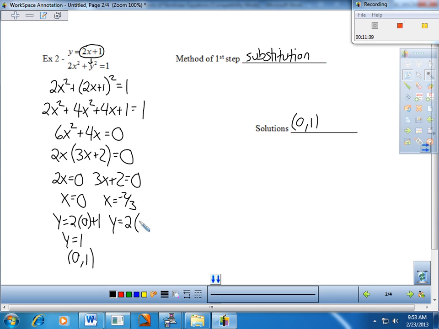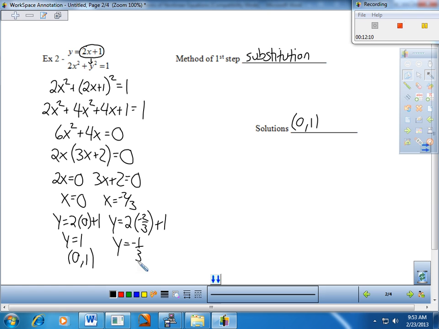So I'm going to go ahead and do 2 times the negative 2/3, and then plus the 1. Again, not the best answer around, but it should work out all right for us. In this case, let's see if you can do a little mental math with me. 2 times negative 2/3 would actually be negative 4/3. 2 times negative 2, so negative 4/3, and negative 4/3 plus 1, or negative 4/3 plus 3/3, I'm getting a negative 1/3 as a result.